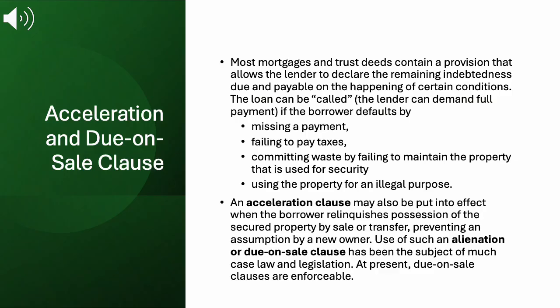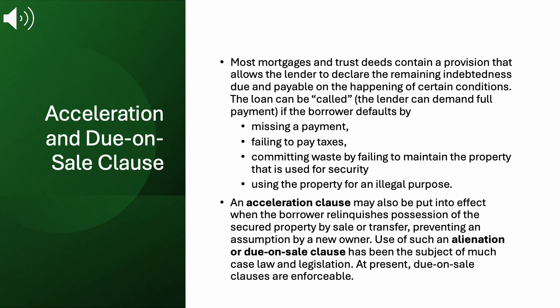Acceleration and due on sale clause. Most mortgages and trust deeds contain a provision that allows the lender to declare the remaining indebtedness due and payable on the happening of certain conditions. The loan can be called; the lender can demand full payment if the borrower defaults by missing a payment, failing to pay taxes, committing waste by failing to maintain the property that is used for security, or using the property for an illegal purpose.